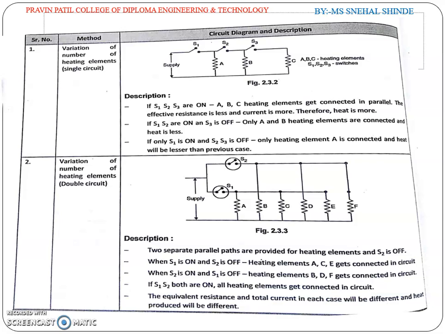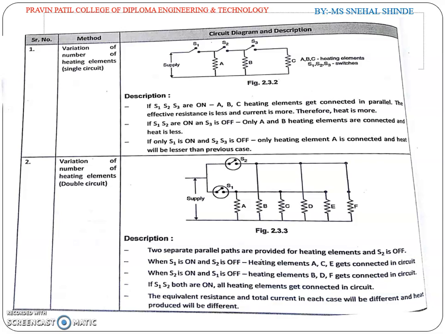So if S1, S2 and S3 are on, ABC heating elements get connected in parallel, where ABC is the heating element and S1, S2, S3 are the switches. The effective resistance is less and current is more. Therefore, heat is more.